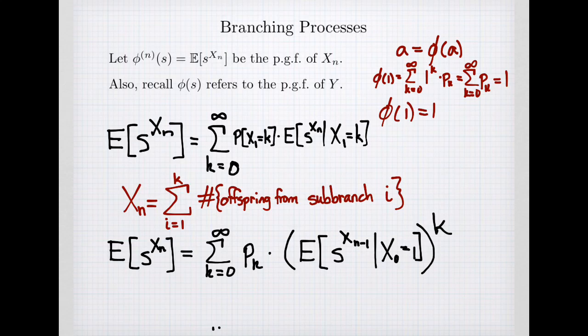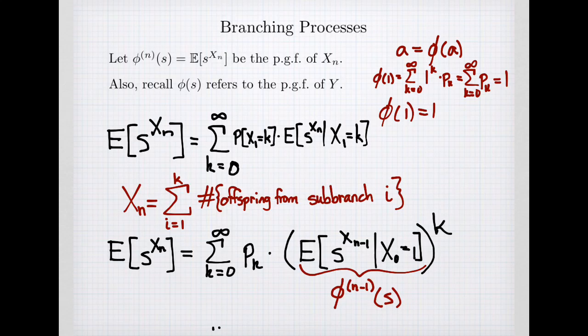Okay, so now we're back to where we wanted to be. This quantity that's sitting here in the place of s is phi for the n minus 1 generation of s.